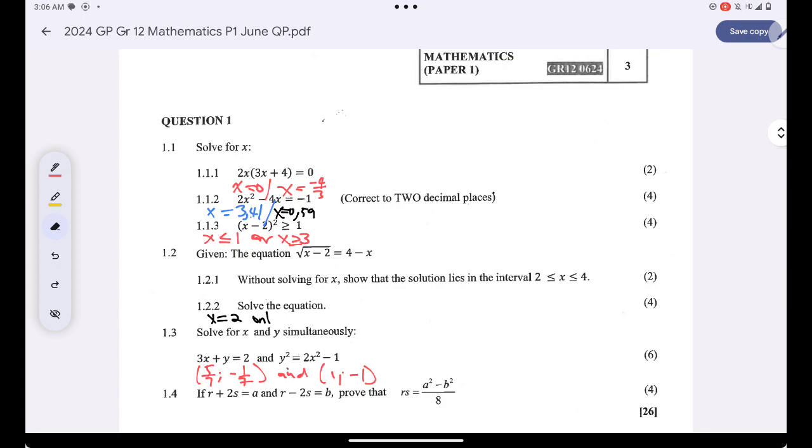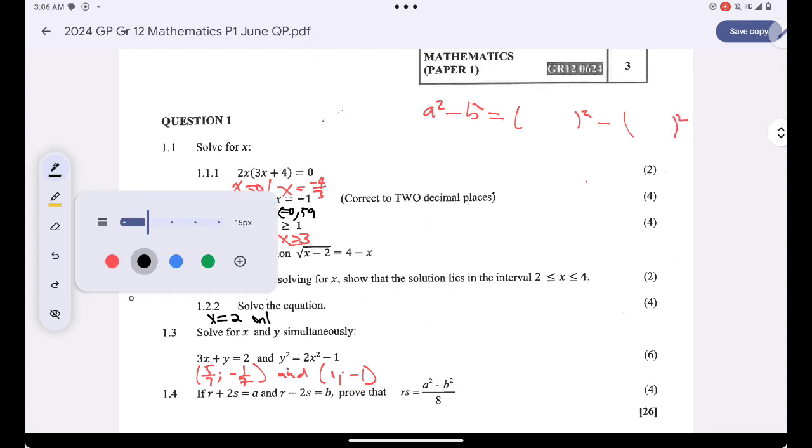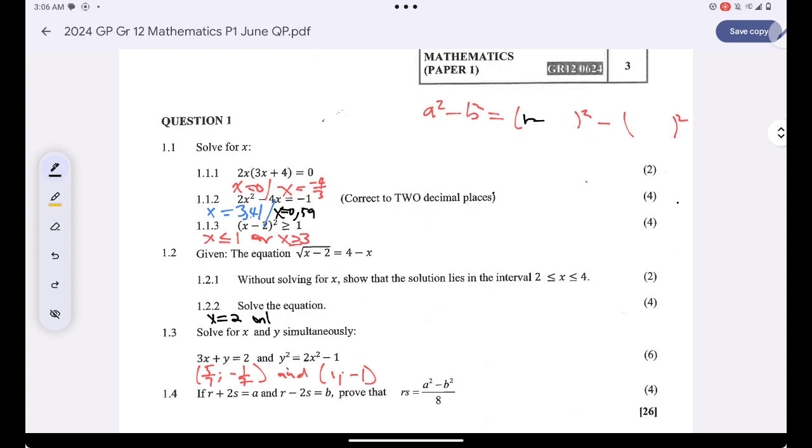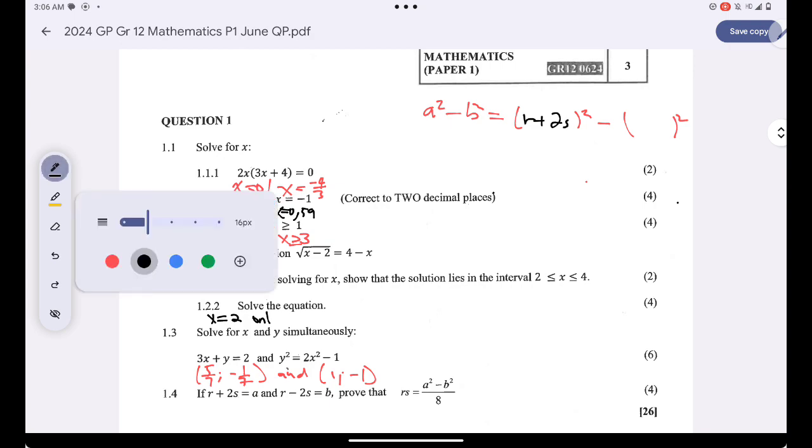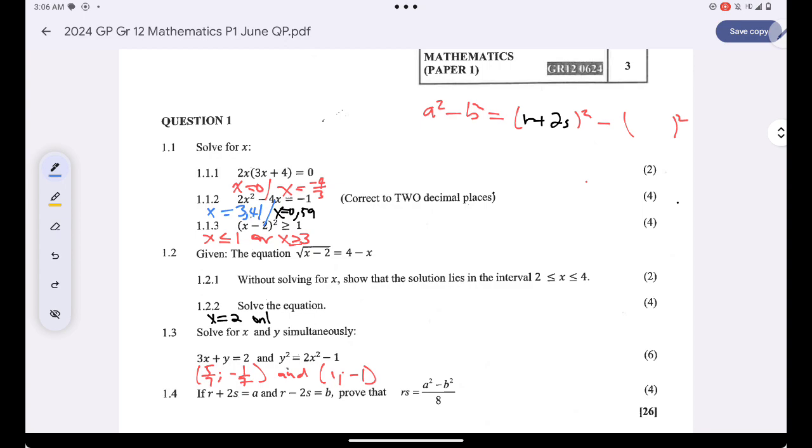I can try to find the difference between a squared and b squared, right? I know that a is equal to r plus 2s all squared, and b is equal to r minus 2s all squared.